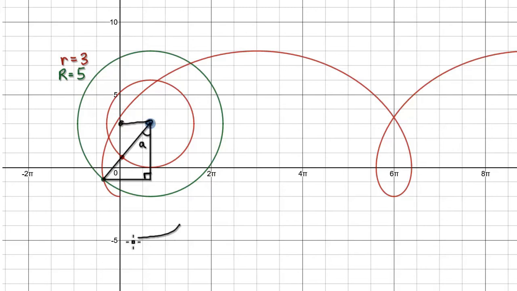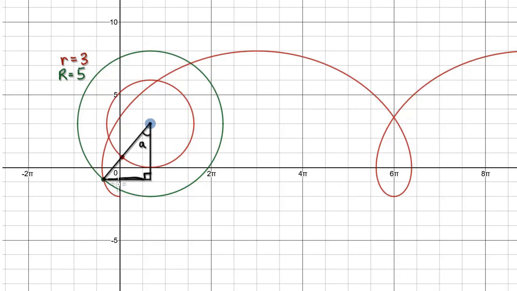But if you're trying to keep track of this point, hang on, let me think. It would be this distance here, which is 3a, take away this length here. If you look at this right-angled triangle, the radius here is 5, and the angle here is a.